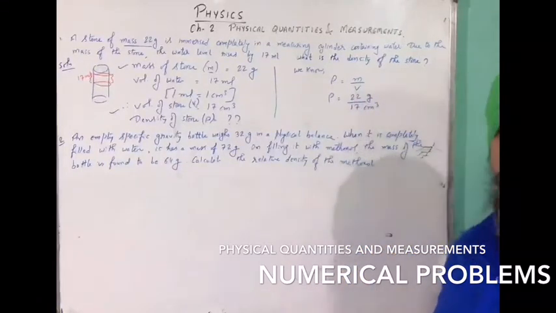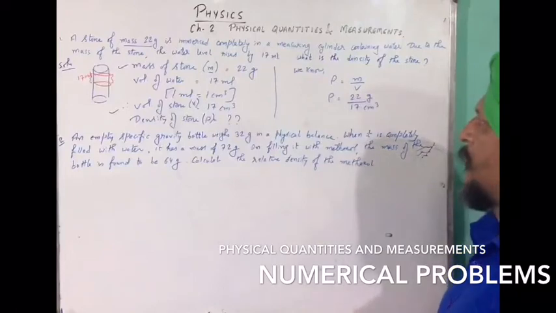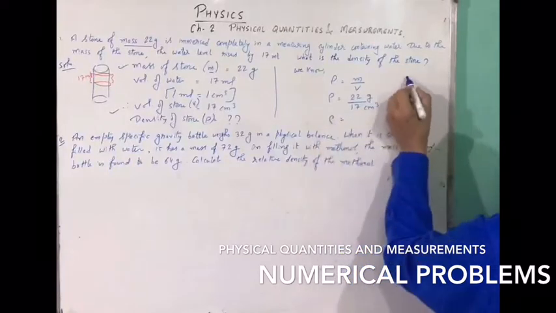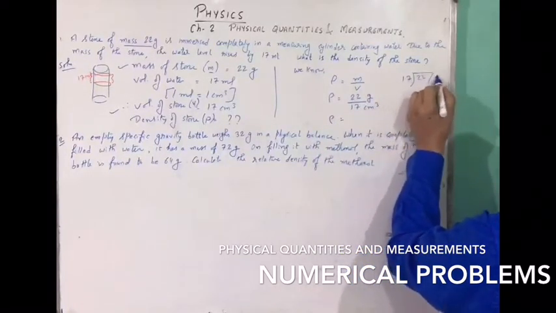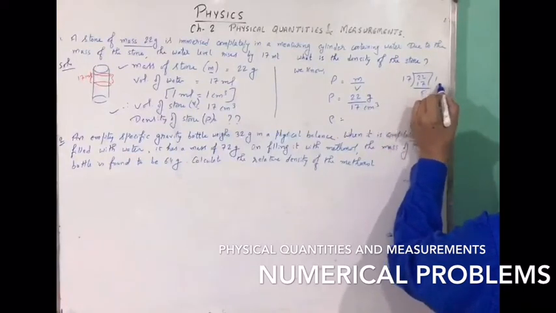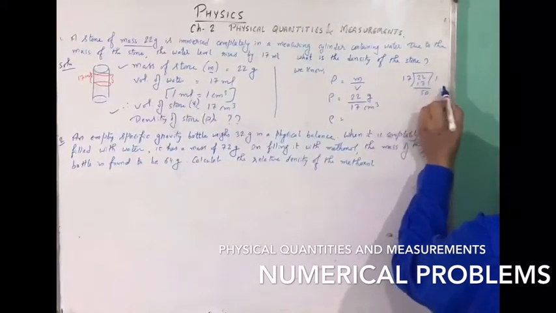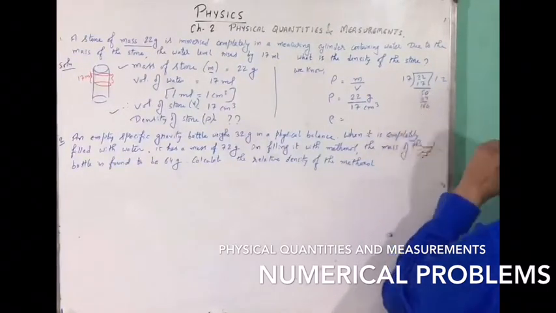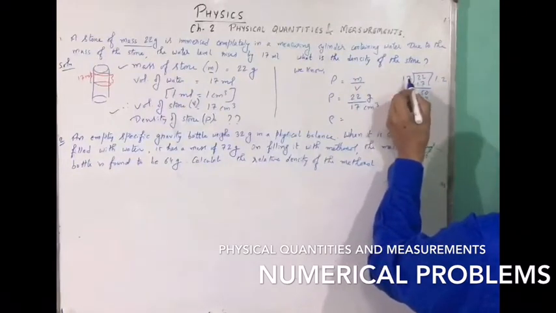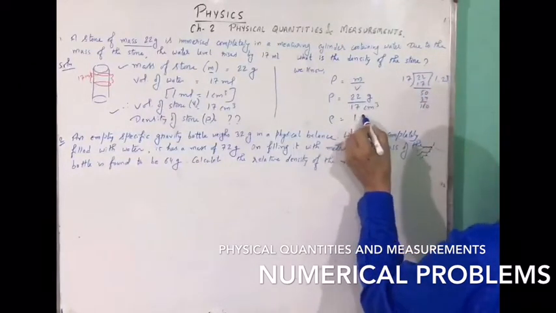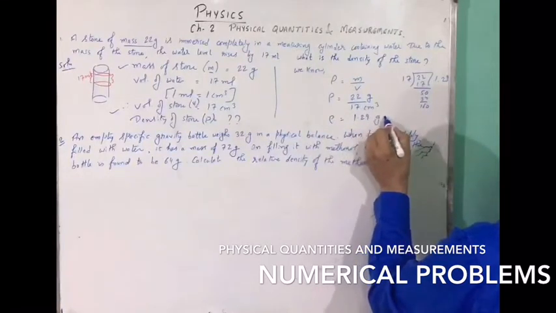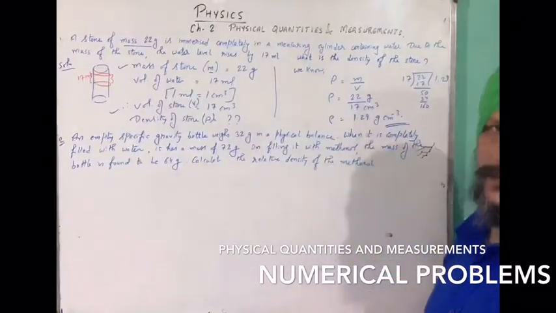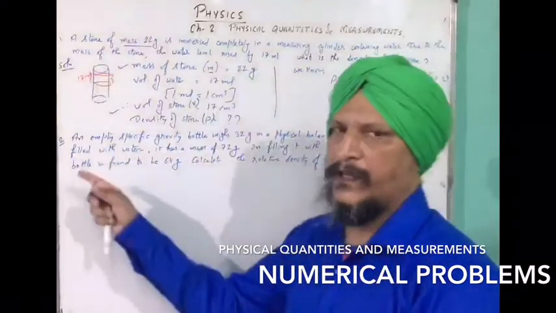When you divide it, you get the density of the stone, which is 1.29 gram per centimeter cube. Clear?